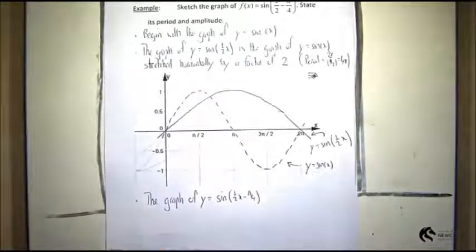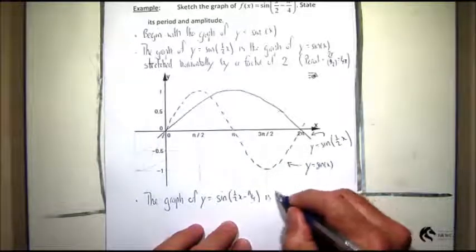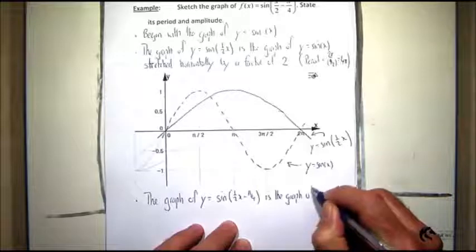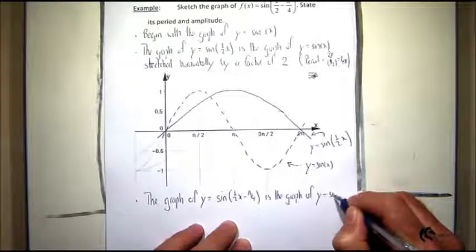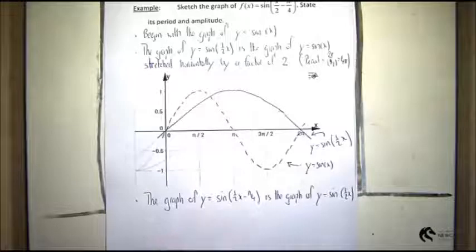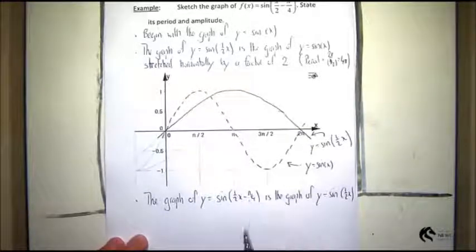So now I come to finding the graph of a half x minus pi on 4, or x on 2 minus pi on 4. This is the graph of y is equal to sine a half x. Now because this is minus, it's going to shift to the right rather than to the left.